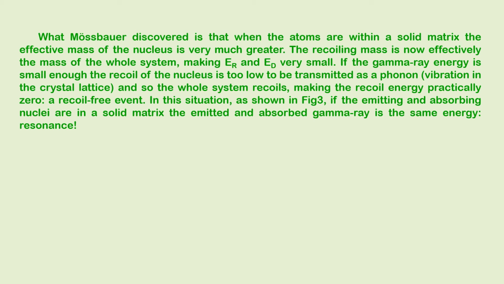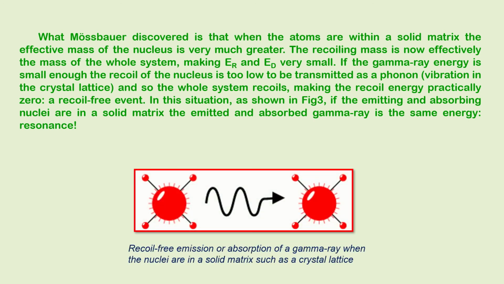If the gamma ray energy is small enough, the recoil of the nucleus is too low to be transmitted as a phonon vibration in the crystal lattice, and so the whole system recoils, making the recoil energy practically zero, a recoil-free event. In this situation, as in figure 3, if the emitting and absorbing nuclei are in a solid matrix, the emitted and absorbed gamma rays have the same energy. That means there is resonance. That means the absorption fluorescence phenomenon.